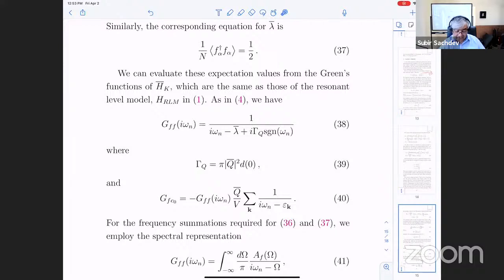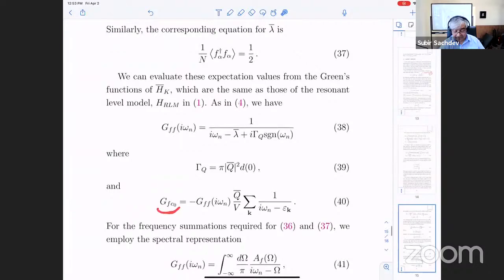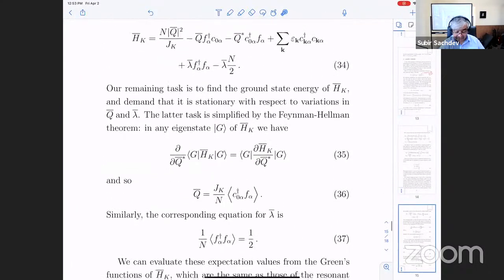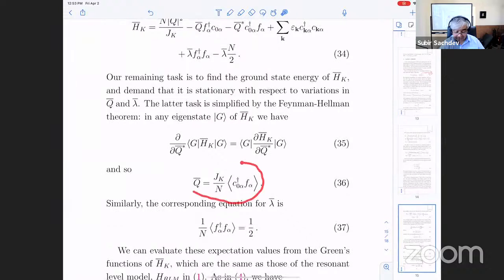And then we also need this particular Green's function, which we also computed there, because we need it in the self-consistency condition. When we solve for Q bar, I need the Green's function, and in the resonant level model it is very easily determined because all the Feynman graphs are very simple.